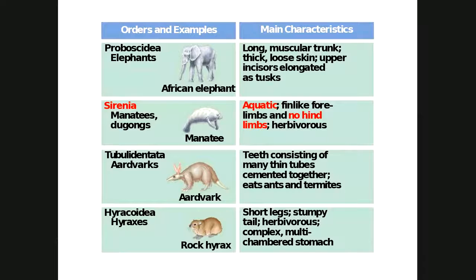The name Sirenia for the manatees comes from the fact that some of the early sailors that came to this part of the world from Europe thought that manatees looked like, I guess to them, mermaids. And in the story of Odysseus, Homer's Odyssey, there are the sirens who sit on the rocks and lure the sailors to get their ships to crash on the rocks.